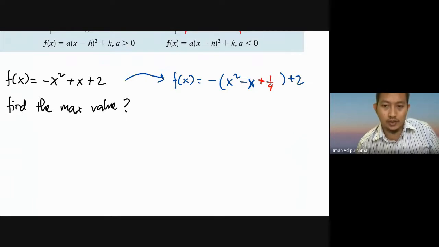Okay, complete the square. If you're still confused about how this happened, you need to review, and please let me know if you are still confused about this part. And then minus 1 over 4.